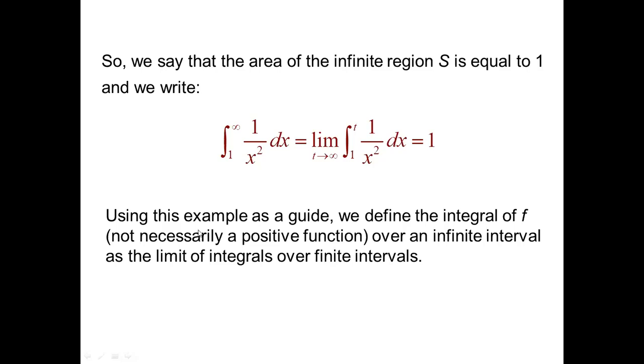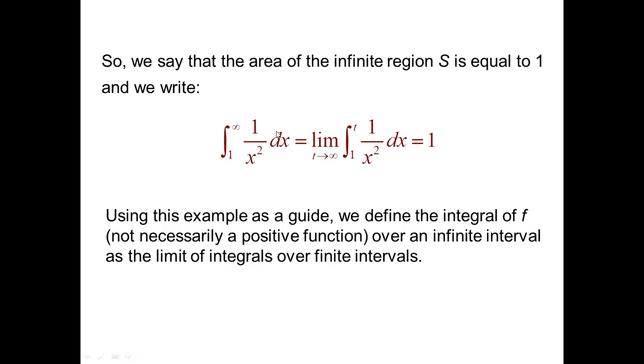Using this example as a guide, we define the integral of f, not necessarily a positive function, over an infinite interval as the limit of integrals over finite intervals. An integral with an infinite limit is interpreted as a limit: it is defined from 1 to t, but as t approaches infinity, it is interpreted as a limit.